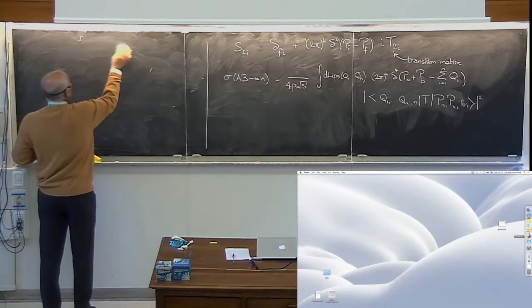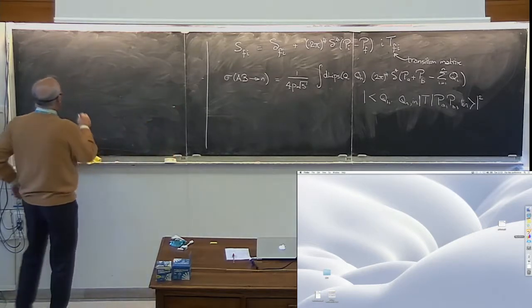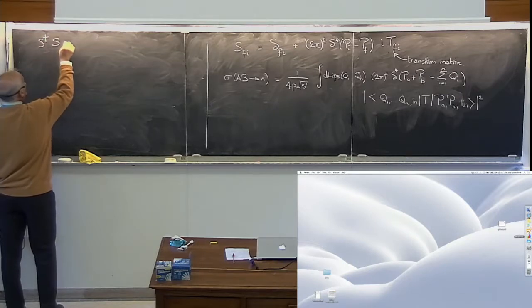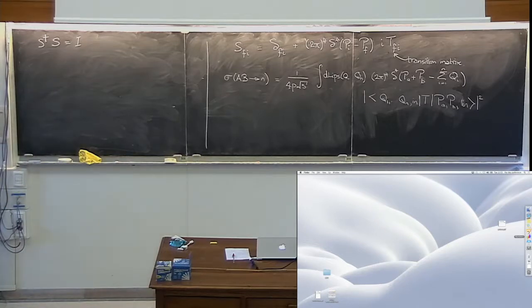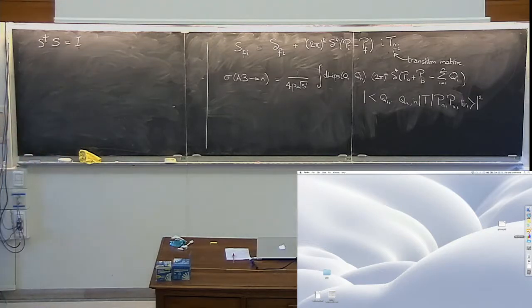So instead of writing lots of delta functions and what have you, let's note that the S matrix has the property that this must be true. It says S dagger S, its complex conjugate transposed, times the S matrix is equal to the unit matrix. And you can write this as S times S dagger, whichever way you like.